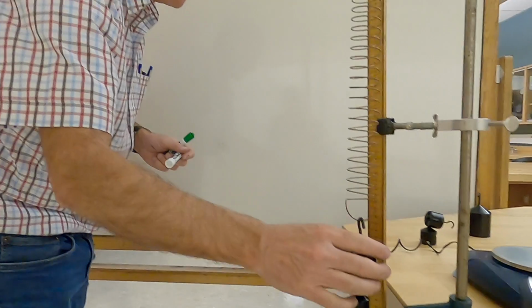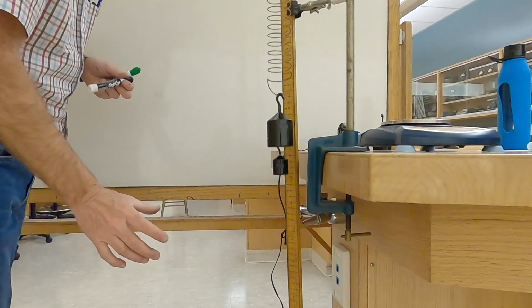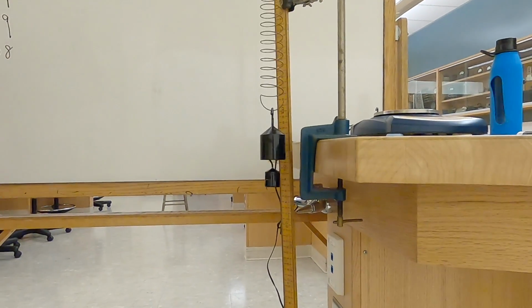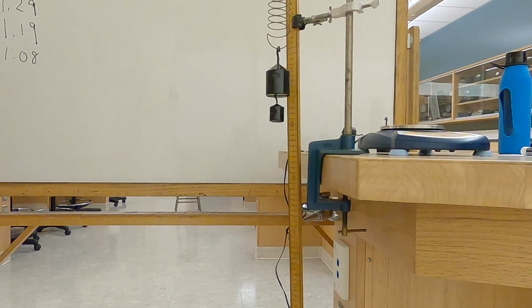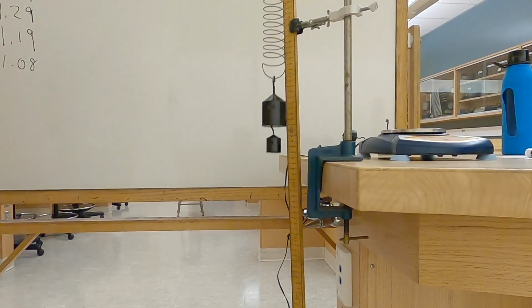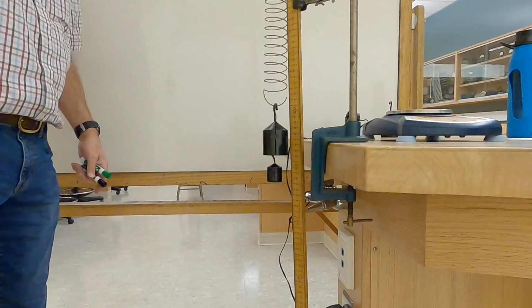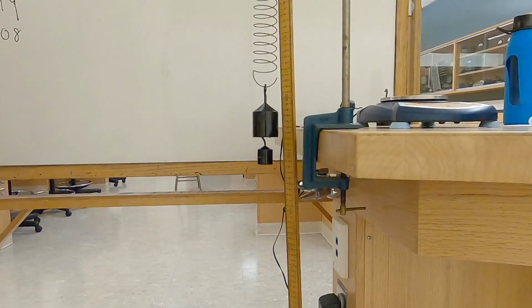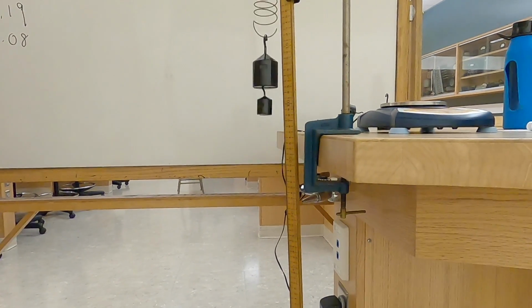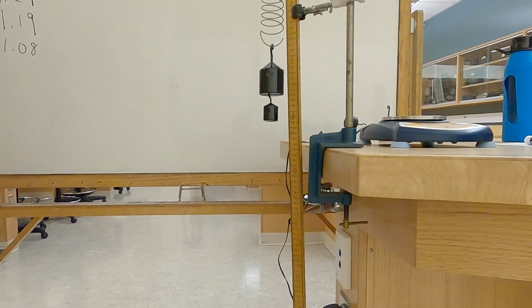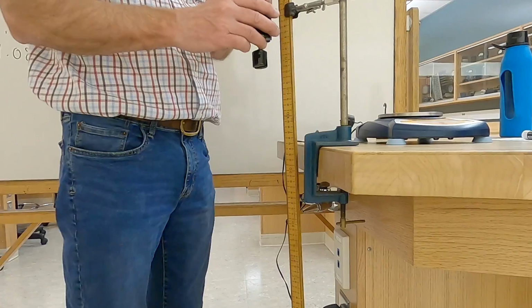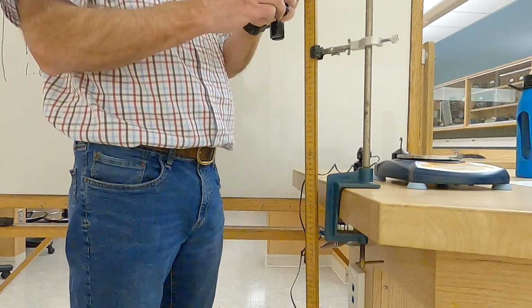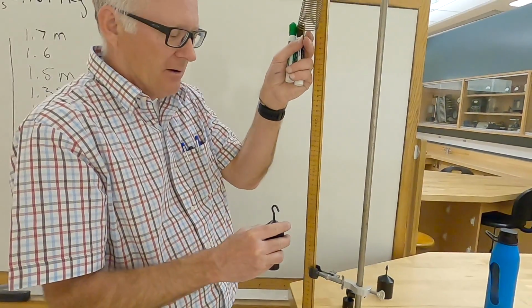Now we can measure the period of oscillation for that one. Remember, on the video you can back up and look at it again and again, and measure it again.